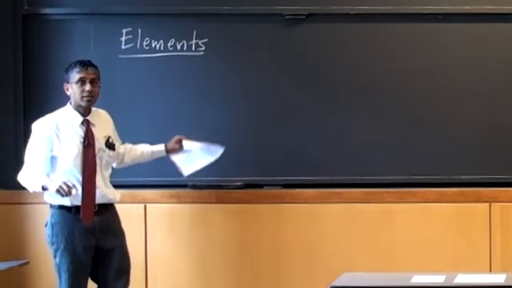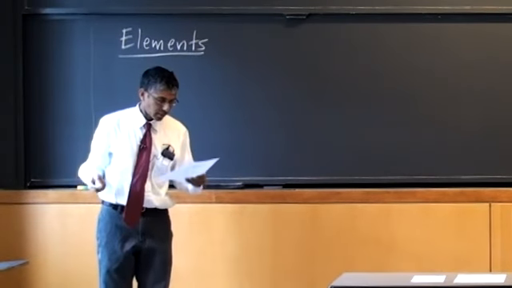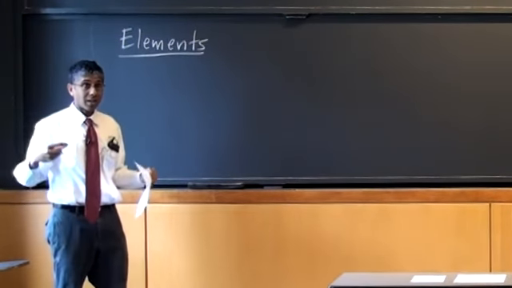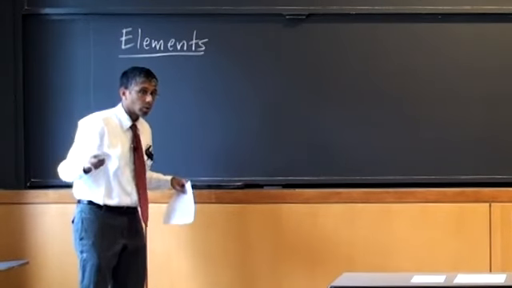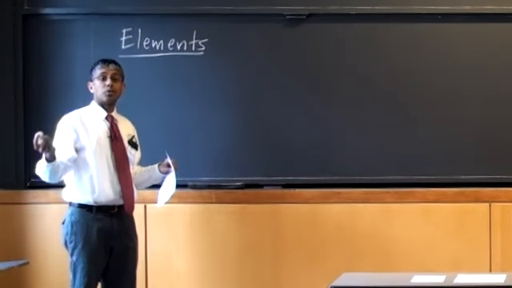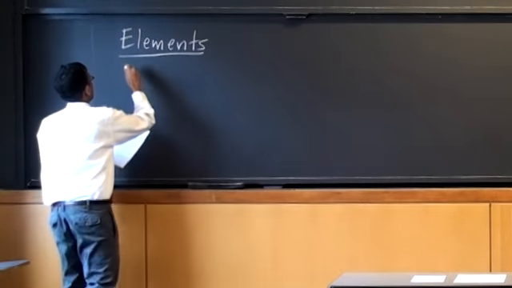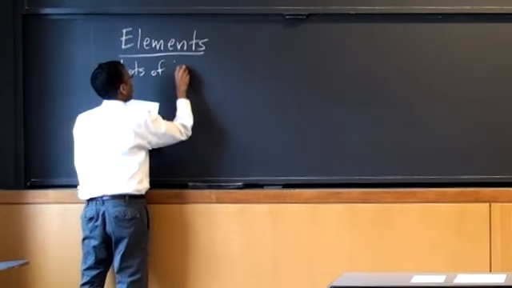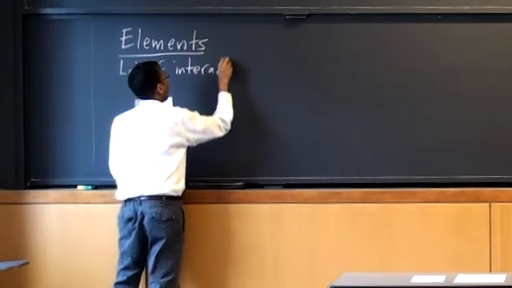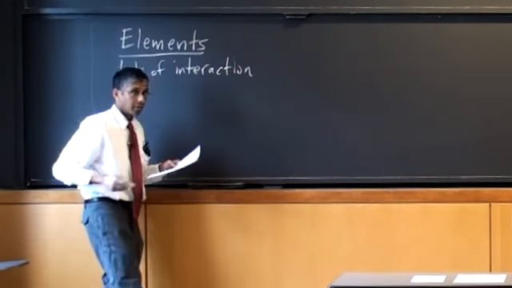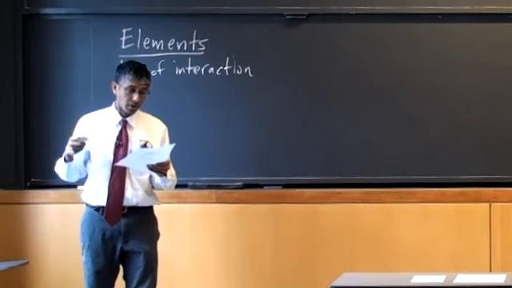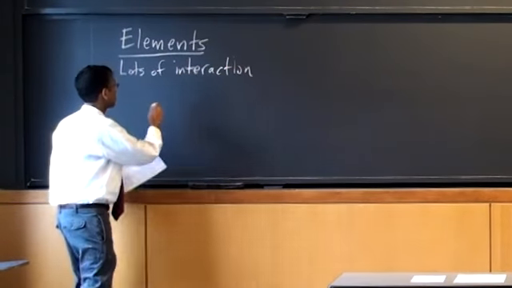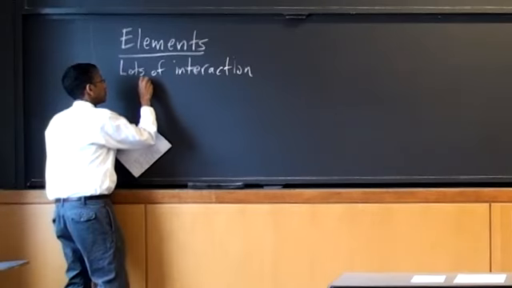So on the left side, I'll list the elements. For example, there was lots of interaction. You were talking to each other, you were asking questions. In fact, you weren't just asking questions, you were voting. So there was vote twice you voted.